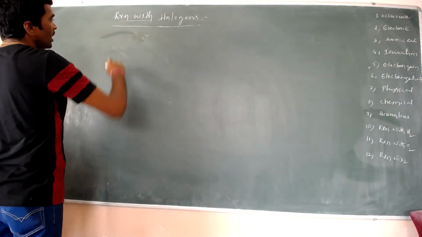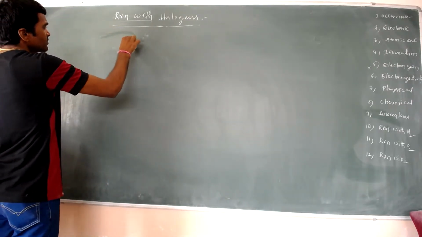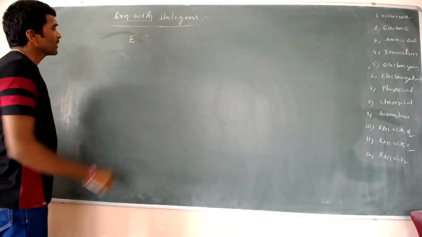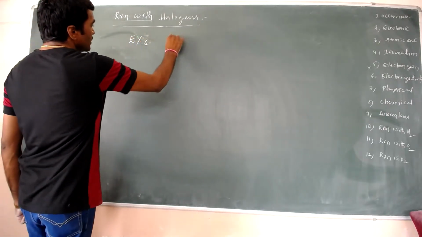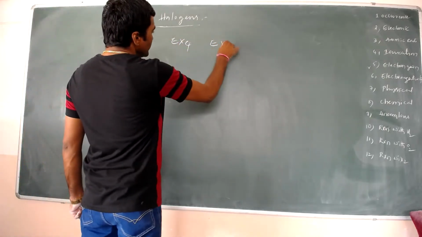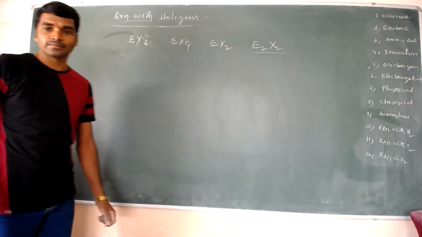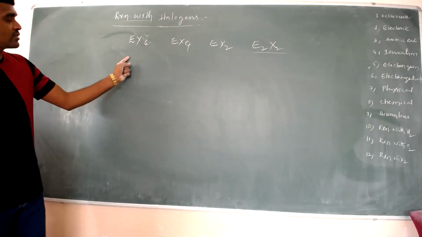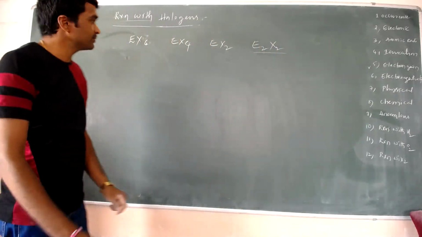In the reaction with the halogens, these elements react, forming EX6, EX4, EX2, and E2X2 types also.